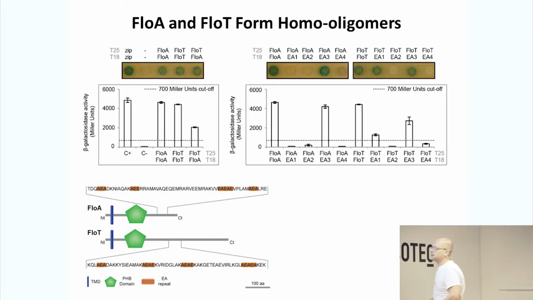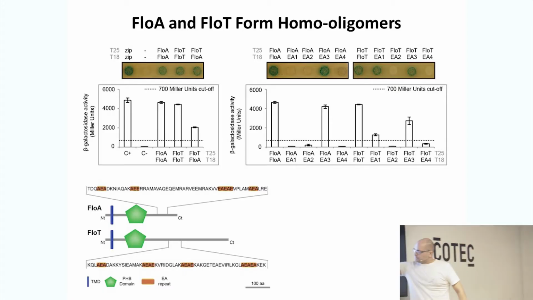And since, as I said before, in the eukaryotic field the C-terminal EA repeats are described to be important for this interaction, we were making knockouts. We were making different variants of these flotillins to see which variation in these EA repeats affects their interaction.